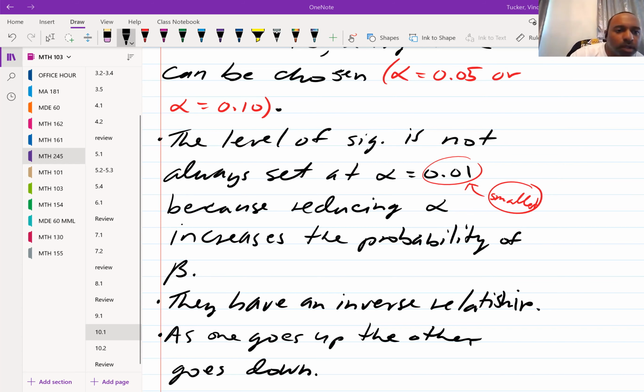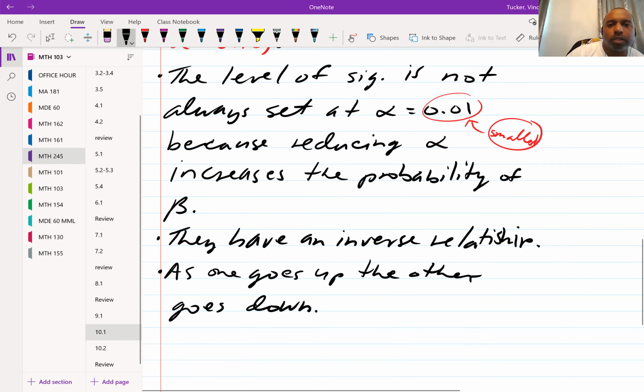Trying to pull up this assignment so we can do a few problems. All right, so that's it for 10.1.